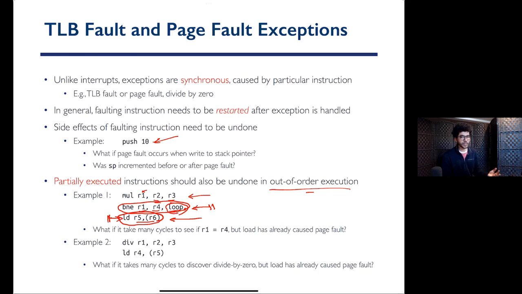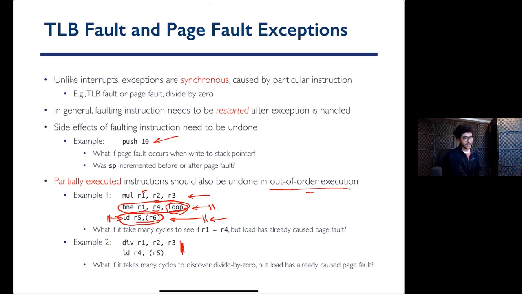What happens to the system? Because I might actually not even be having to execute this. Maybe I should have gone to loop, but then I started executing this load and it caused exception. The same could happen here, right?